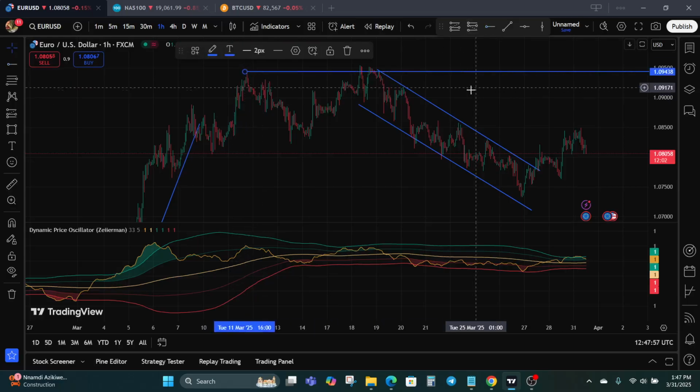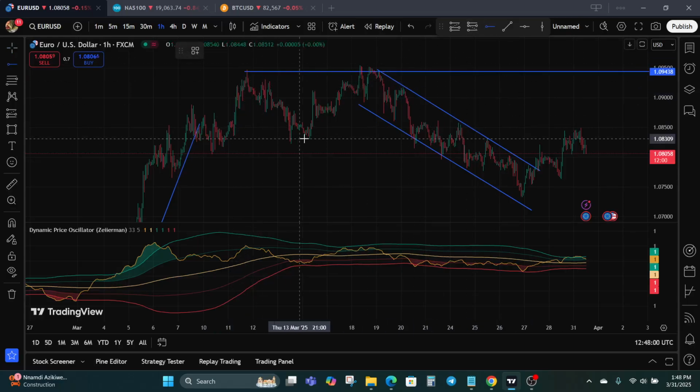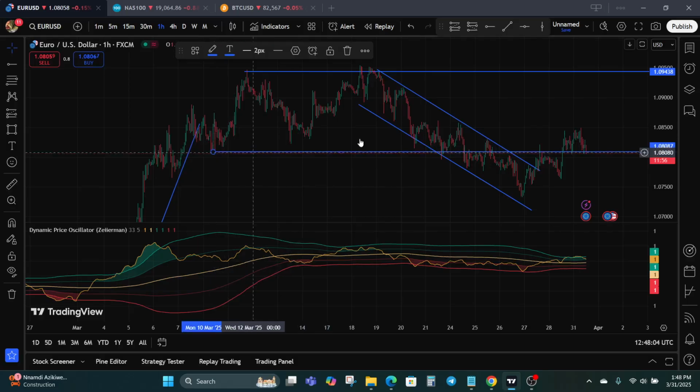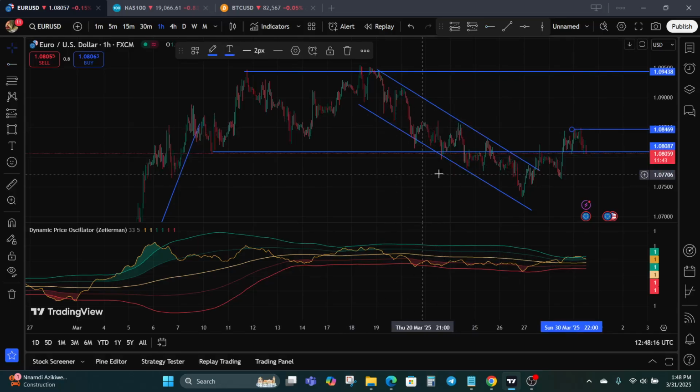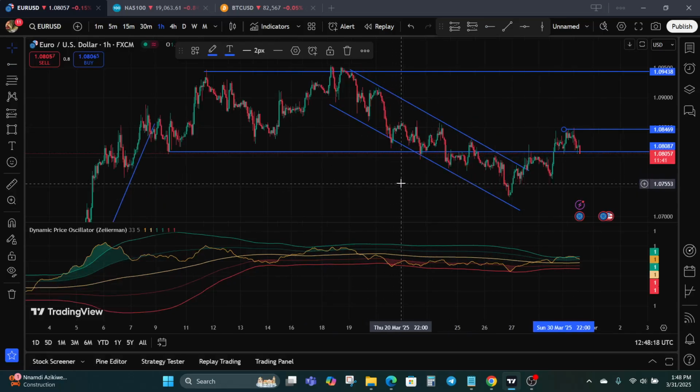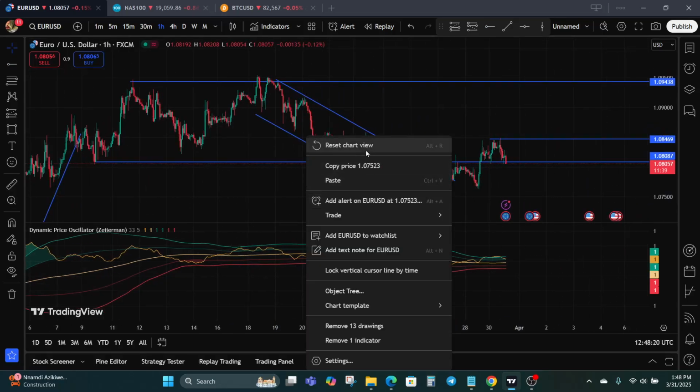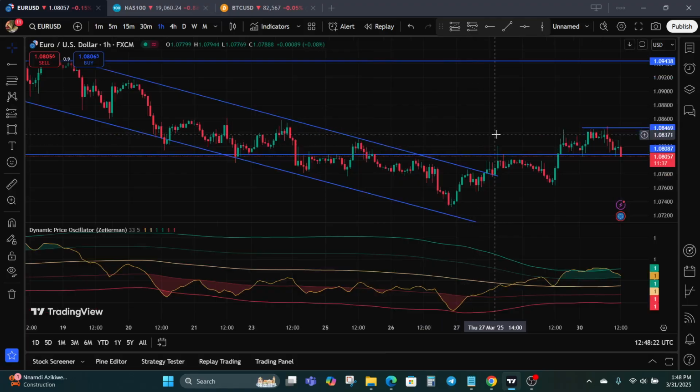Combine it with moving averages to filter out weak trades. And avoid entering when volatility is too high or when momentum is weak. By applying these rules, you can maximize your trading accuracy and reduce unnecessary losses.